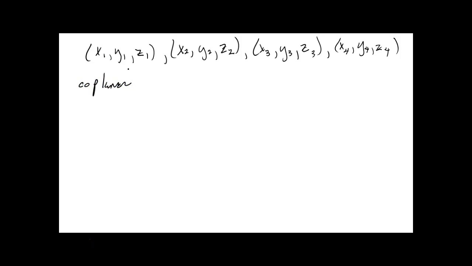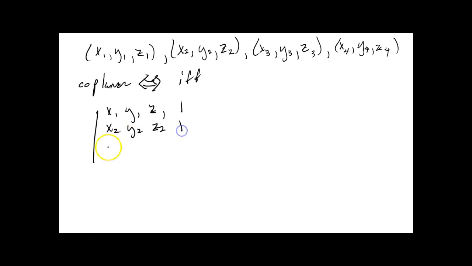They're all in one plane if and only if. Okay? Sometimes this symbol and sometimes IFF. If and only if the determinant of those dimensions, and that would be x1, y1, z1, 1, x2, y2, z2, 1, x3, y3, z3, 1, and x4, y4, z4, 1.